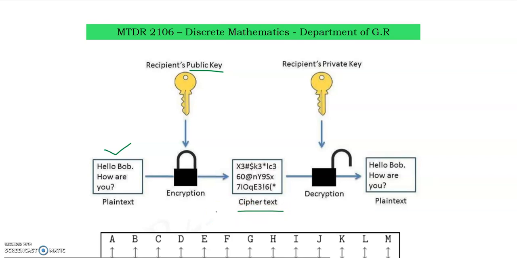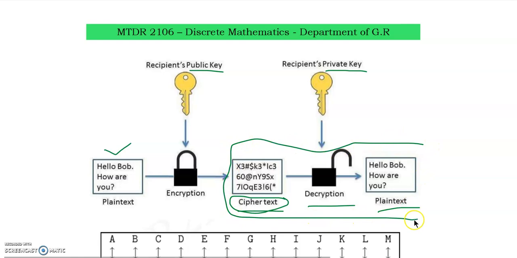So now, by using RSA decryption, we are going to take the ciphertext and convert it into the real plain text. That is called decryption. We are going to take the ciphertext, apply the decryption algorithm, and definitely we will find the real plain text by using the private key.